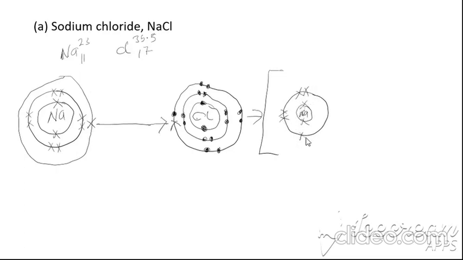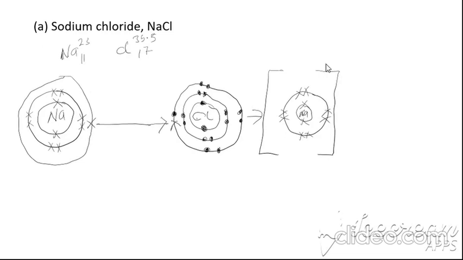It's a metal, so don't forget that. So like that, and then it has lost 1. So don't forget that it has lost 1. So I'm going to write a positive here, to show that it has lost 1 electron.